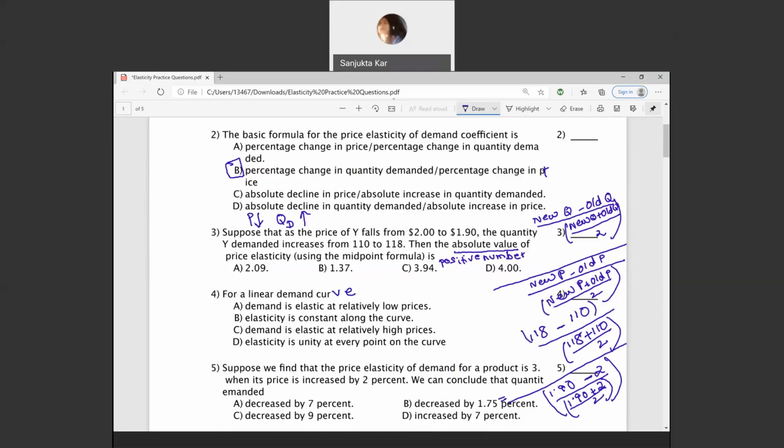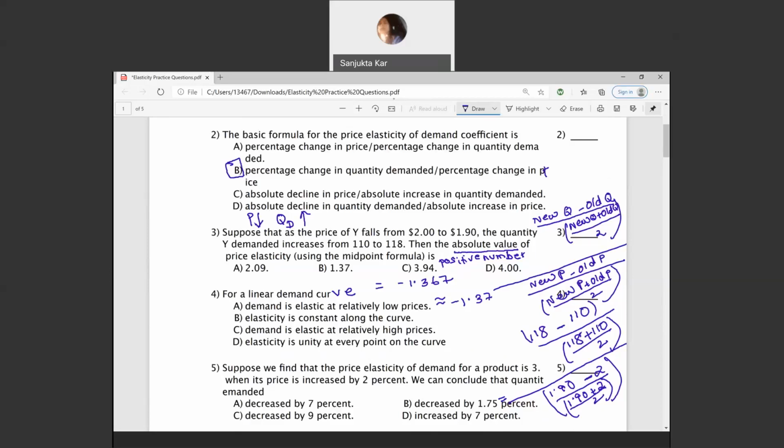Alrighty, so after you solve the math here, your result will be approximately 1.367, that's about 1.37, negative.